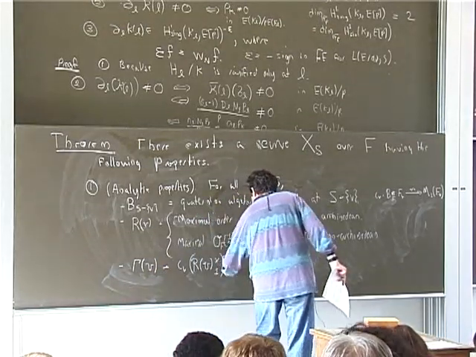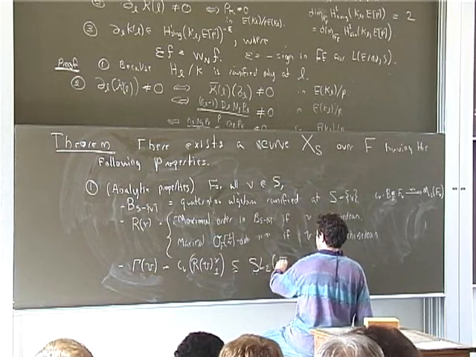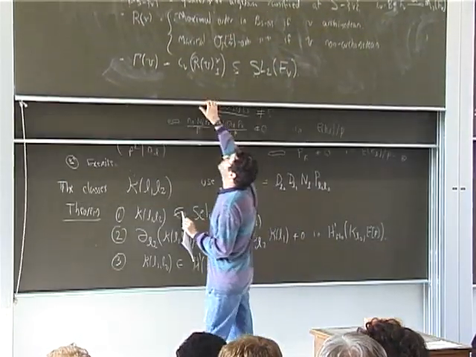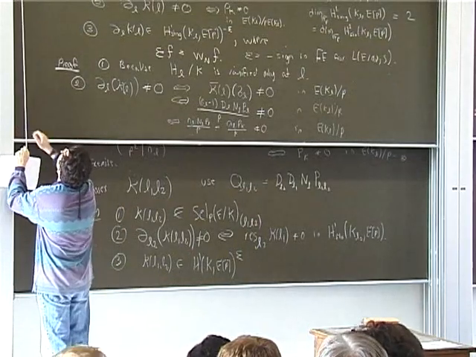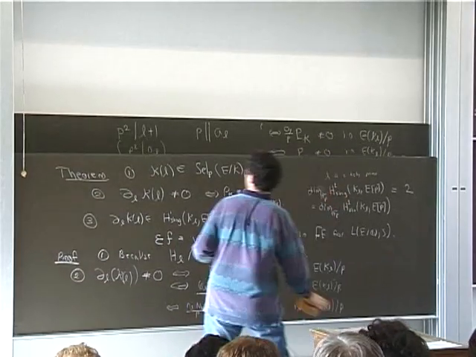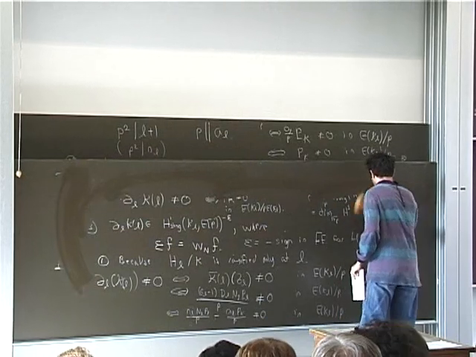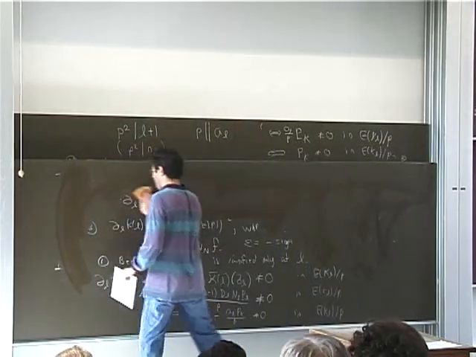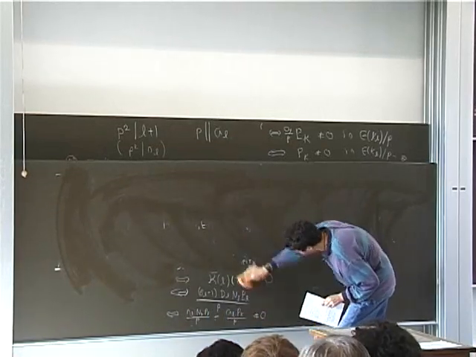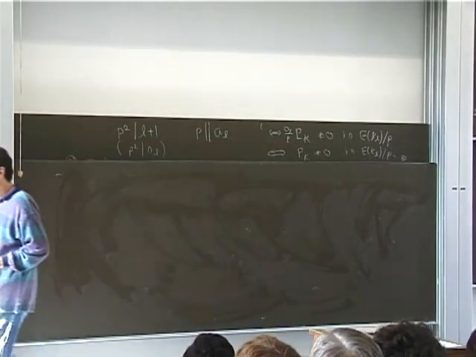So this is a subgroup of SL_2 of F_v. And then the statement is that we can identify the C_v points.